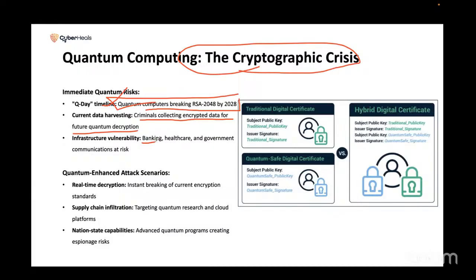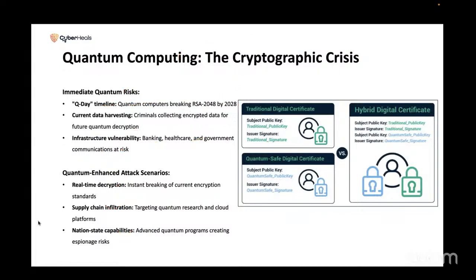Infrastructure is vulnerable: banking, healthcare, government, all of them at risk. So these are the challenges anyone would face as we get into quantum computing: real-time decryption, supply chain infiltration, and nation-state capabilities, because they are using AI and quantum computing for such attacks.